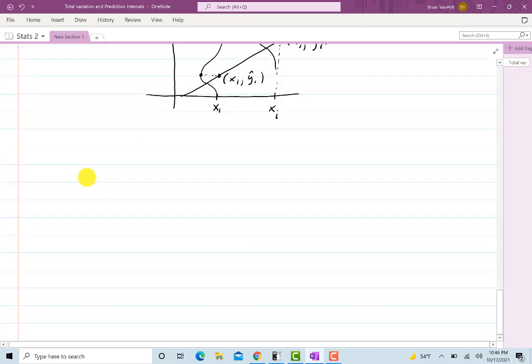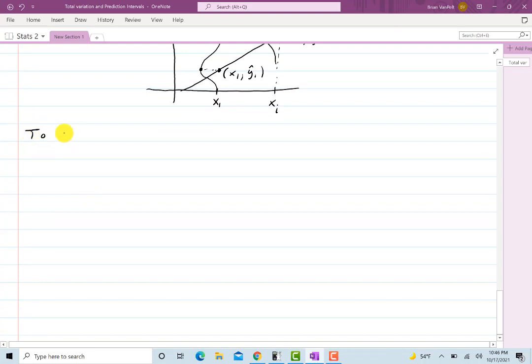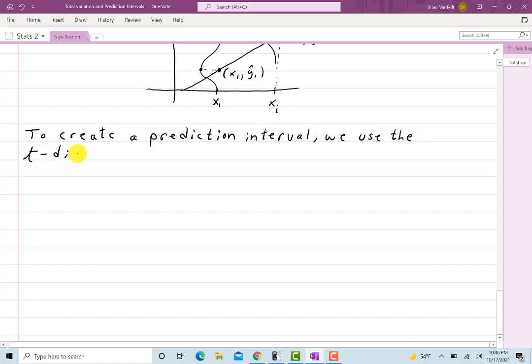So, to create a prediction interval, we use the t distribution with the degrees of freedom equal to n minus 2.